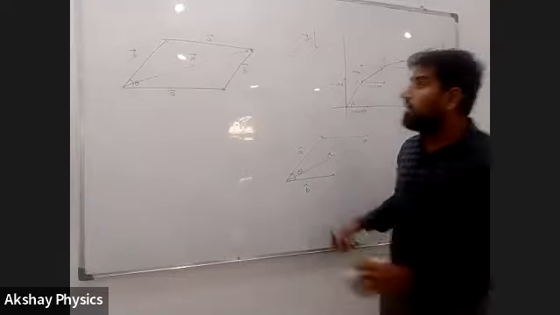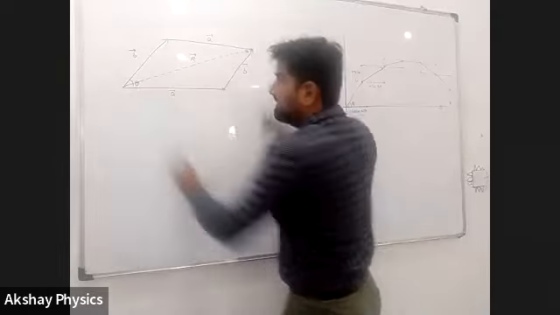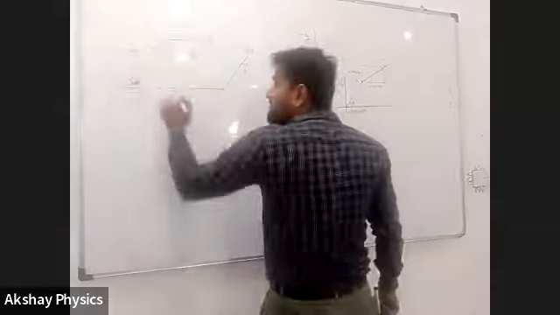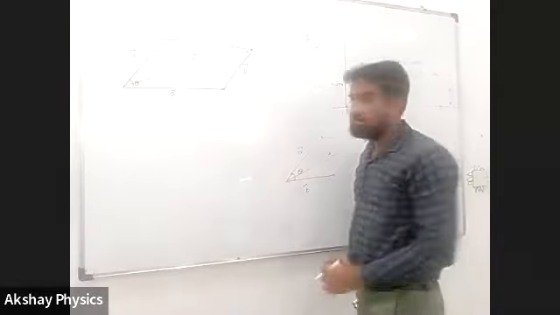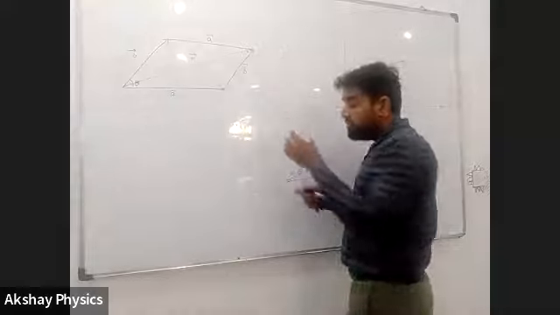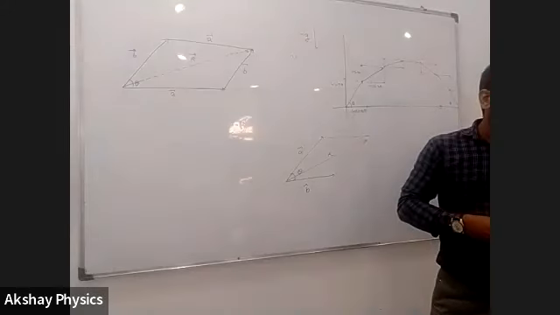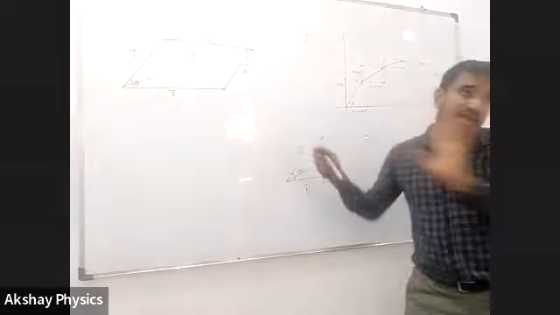Now I want to evaluate the value of this resultant vector. How can I evaluate this? If both A and B are at angle theta, we have to make a construction. But if I want to tell you the direct formula, I can.